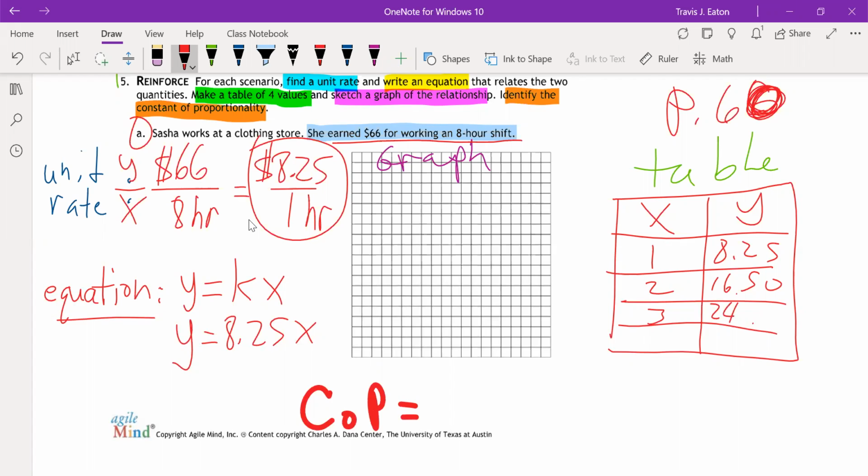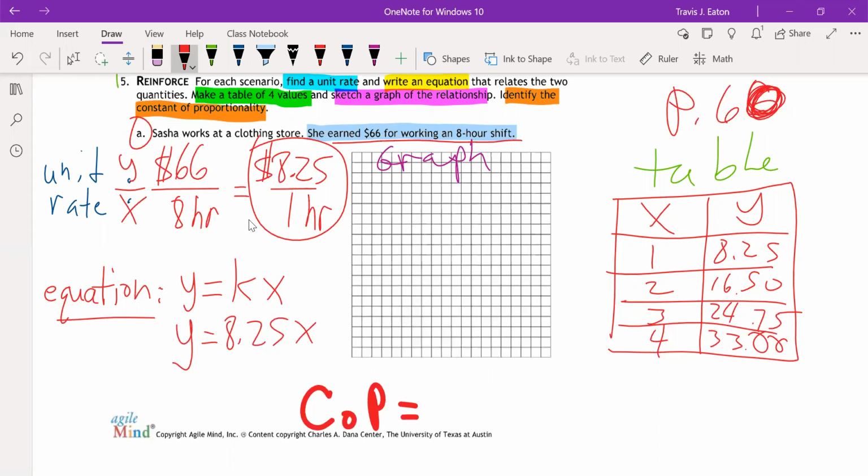And 4 hours is $33. So we created the table with four different values, four inputs, four outputs.